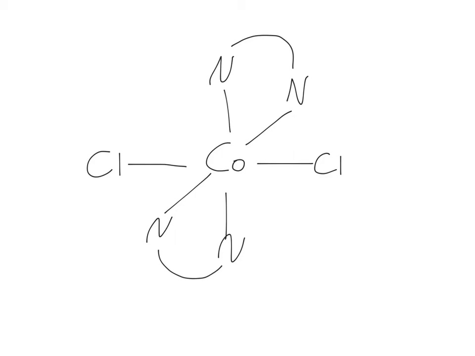And this will be a geometric isomer to those two structures I just drew out. So this molecular formula, this complex, has three possible arrangements of atoms. Three distinct molecular forms. Three isomers.